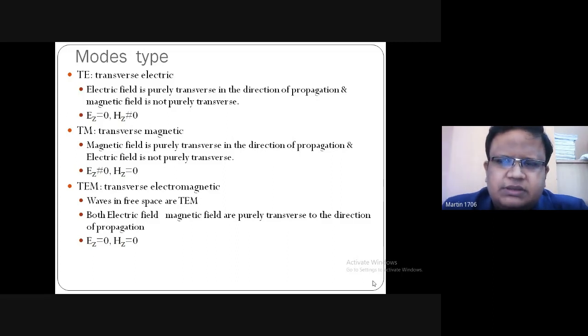The word transverse is nothing but perpendicular to each other. Based on that, divergence and curl are expressed as dot product and cross product. That concept is not required here. Just know what is meant by transverse electric, transverse magnetic, and transverse electromagnetic.